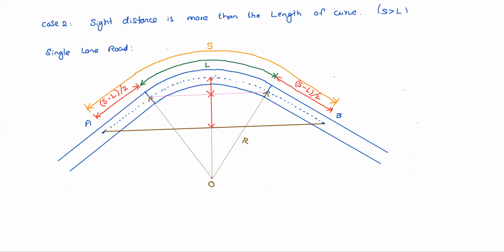That means M1, M2. So now setback distance M equal to M1 plus M2. Okay. We can calculate M1, M2 separately. For that, we can have triangles like this. Here one triangle is forming.